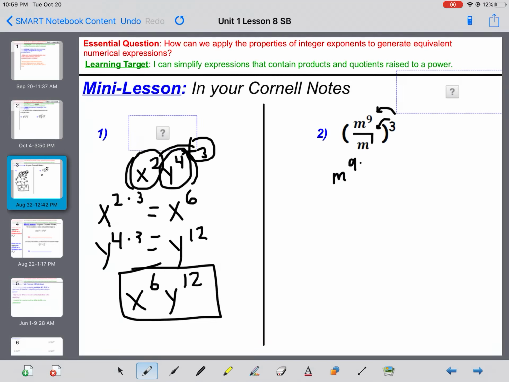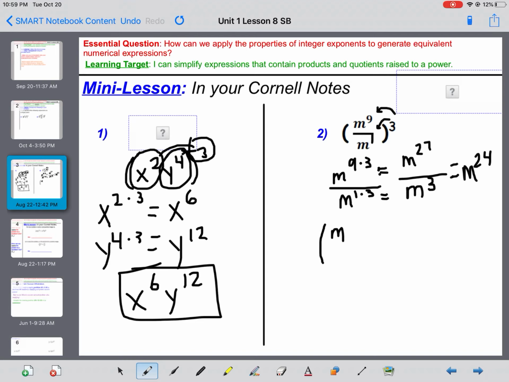On top we would have m to the 9 times 3 equals m raised to the 27th, over m to the 1 times 3 equals m raised to the 3rd power. Now we can use the quotient rule, and this would be m raised to the 24th power.